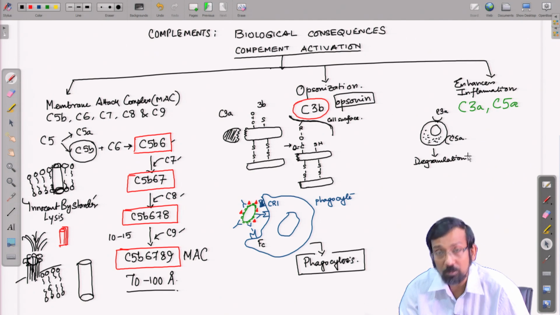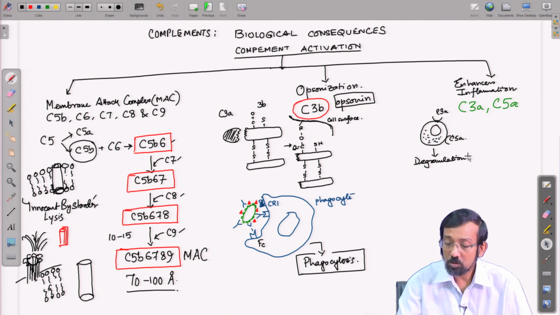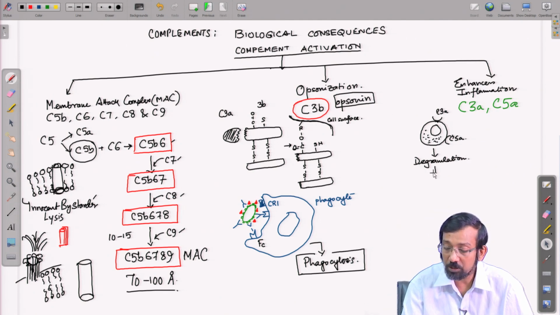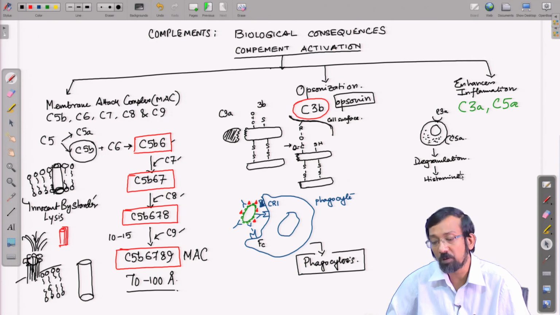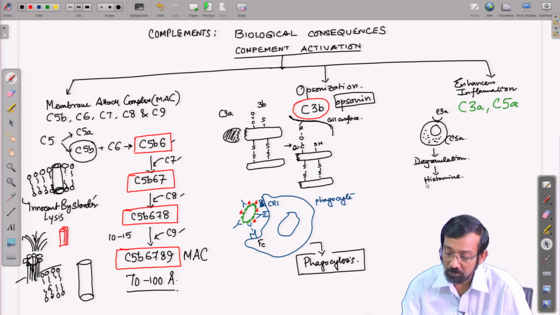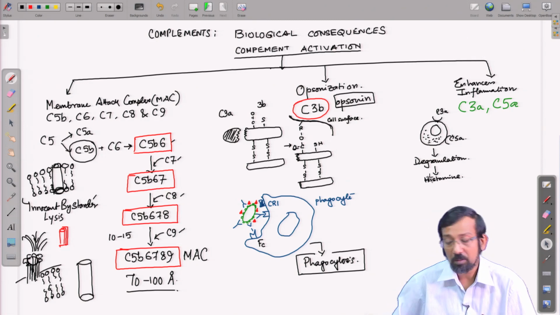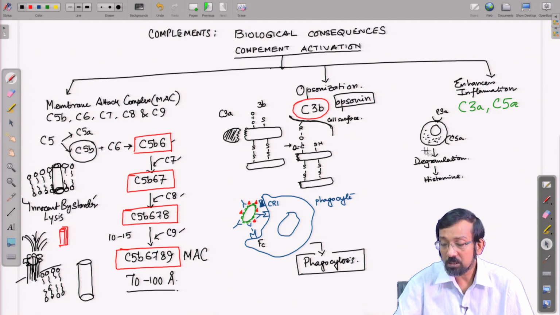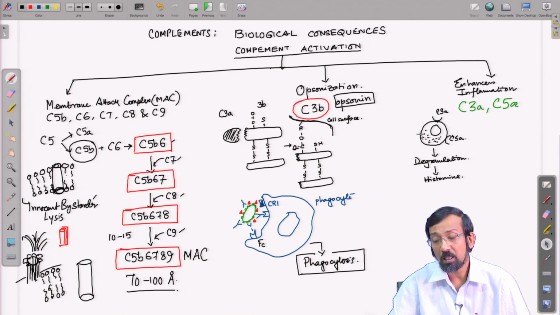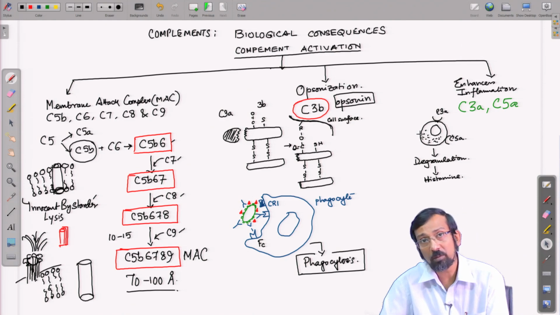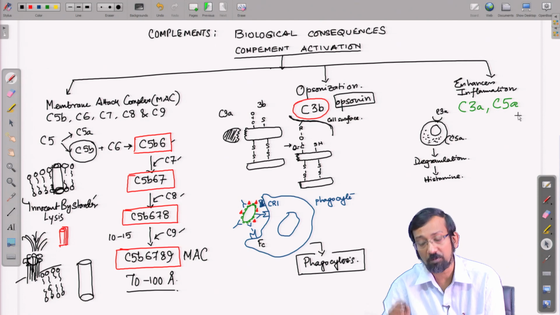We will study more about degranulation in our next classes. So, that leads to degranulation, releasing primarily histamine and other mediators of inflammation, like for example prostaglandins. This process is known as degranulation, and this is primarily mediated by the soluble, smaller cleavage products like the C3a and C5a.